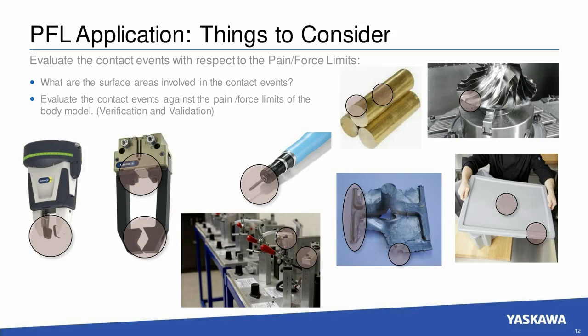If I have a sharp fixturing pin, it's the same as having a sharp object on the end of the robot. So that's why I threw on a conventional, not a safety-rated screw gun, but a conventional powered screwdriver. You can see that that has a very sharp edge, so we would easily exceed the pain force threshold limits in a quasi-static contact situation.